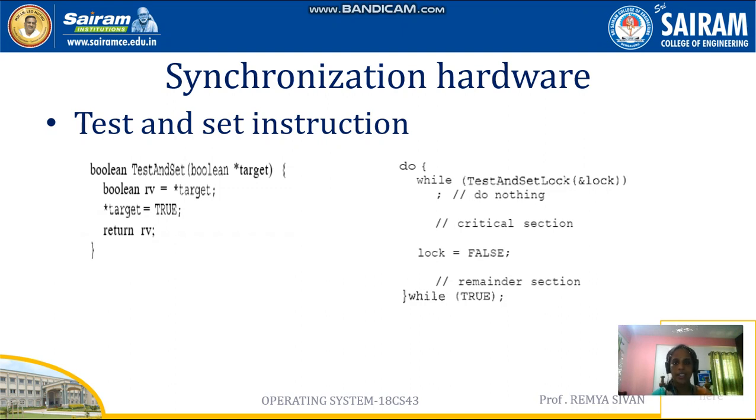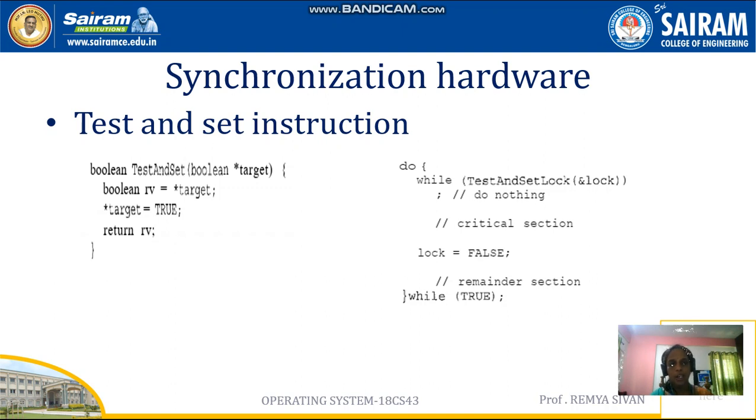That is the left hand side algorithm, and the right hand side algorithm is the implementation showing how to preserve mutual exclusion with the help of test and set. Here the test and set variable is lock, and the initial value of lock is false. When you are executing test and set, the lock variable is copied to a register, then the lock variable is set to true.